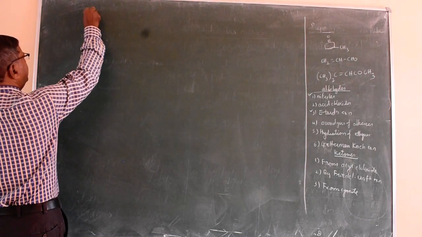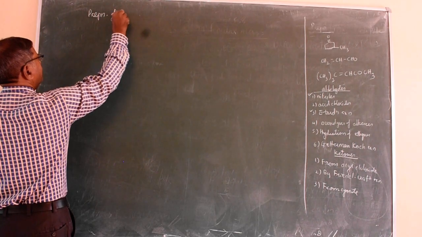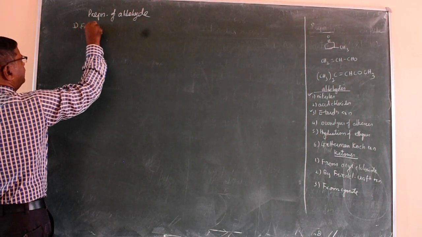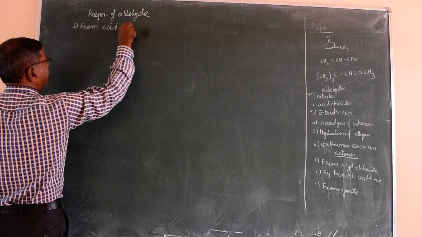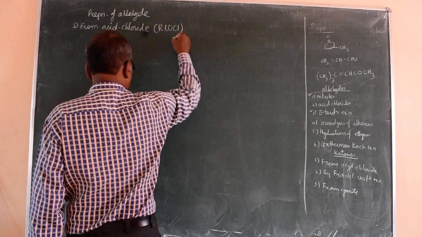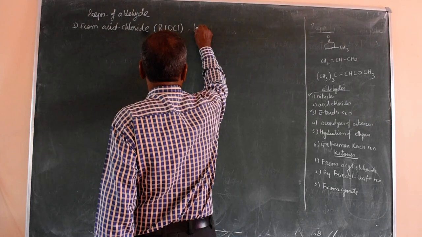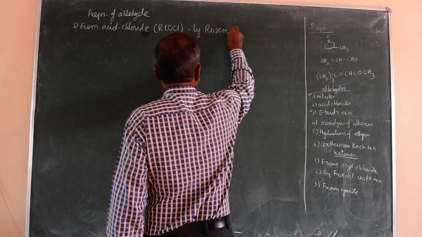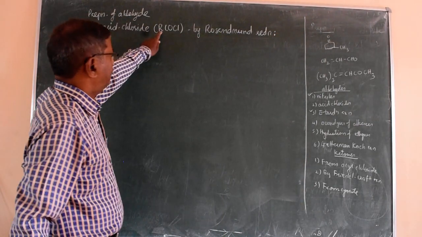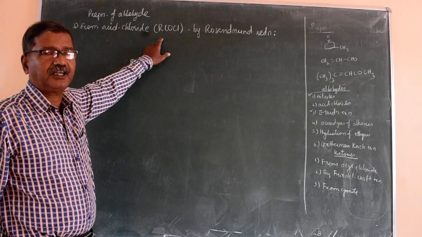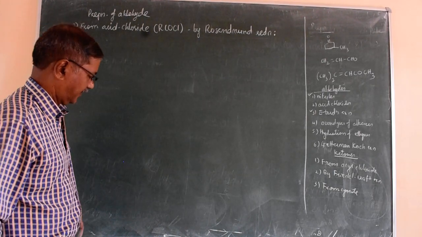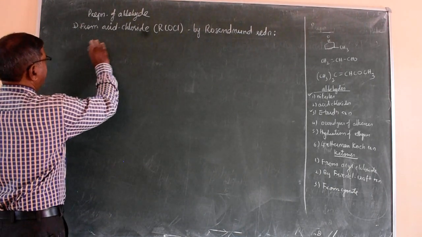The third method is from acid chloride, that is nothing but RCOCl, by Rosenmund reduction. Remember, acid chloride RCOCl is converted to aldehyde by Rosenmund reduction, by passing hydrogen gas in the presence of palladium supported over barium sulfate.